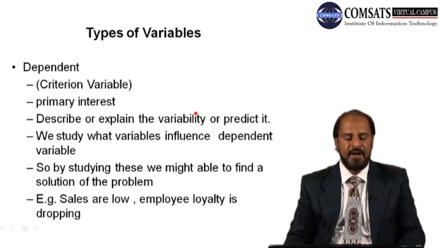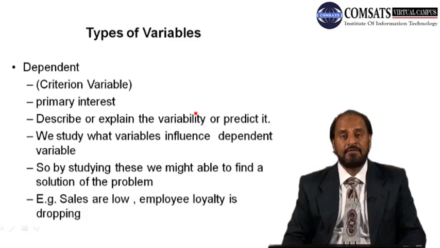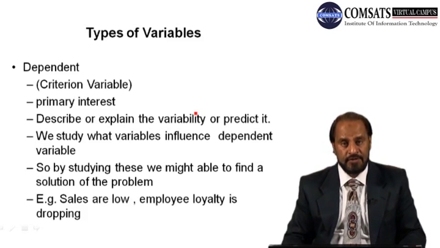Let's look at the dependent variable. The dependent variable is also termed a criterion variable. This variable is of our prime interest because here we try to describe or explain the variability of it, or predict it.